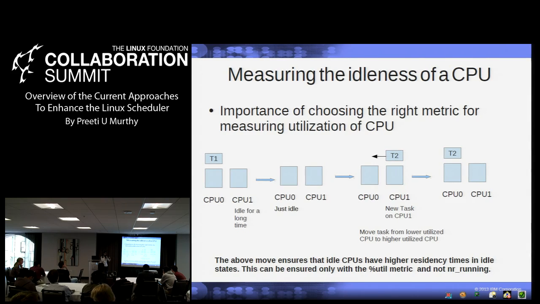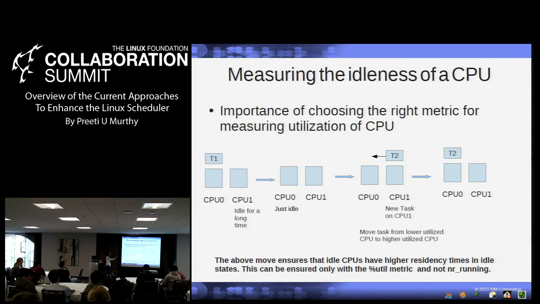If I were not to decay the history, probably that idle period of CPU 0 would override the just busy scenario of CPU 0. And if CPU 1 was busy before but is now idle, that busy history would probably override the just idle scenario. And it would probably not make that decision.